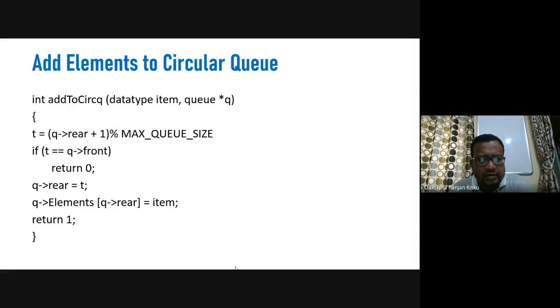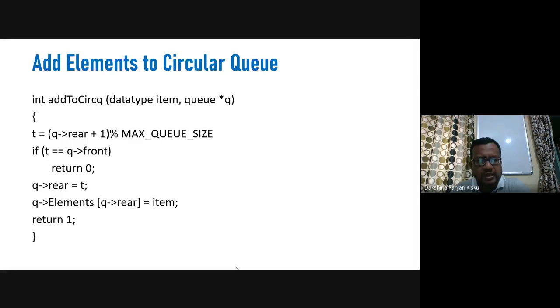Here we can see that item is the element to be added to the circular queue, and queue is a pointer which will be of type queue. Here t refers to the index position where the new element is to be inserted. So here we are writing t equals q rear plus 1 modulo max q size.